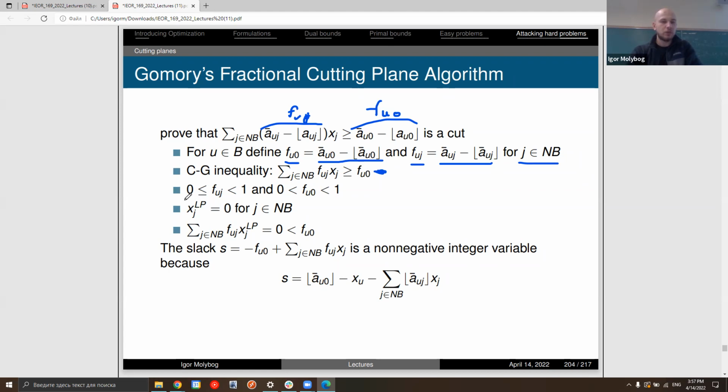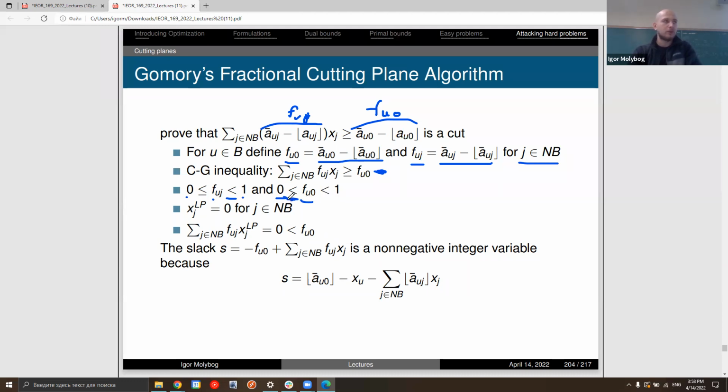Now we just need to observe that 0 is less than or equal to fuj, which is strictly less than 1, because of the properties of rounding, and 0 is strictly less than fu0, which is less than 1. Why is this strictly less?